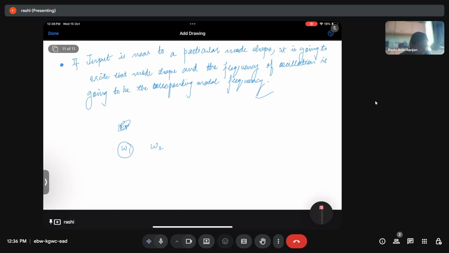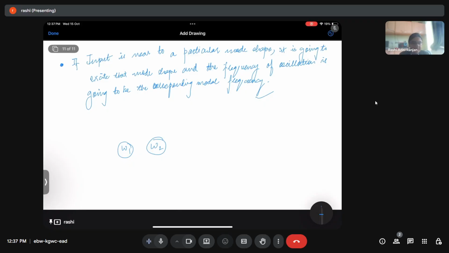X2 is not going to have that much contribution. Similarly, if we are going to excite the second mode, then most of the energy is going to be inside that mode only. The first mode is not going to have that much energy. It is going to have some energy, but it will be very less as compared to the energy corresponding to omega 2, right?